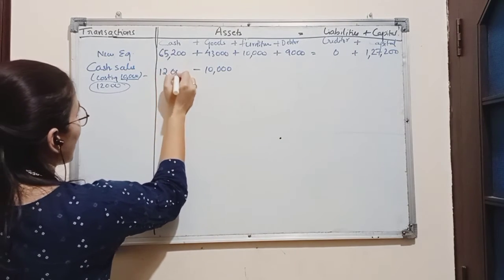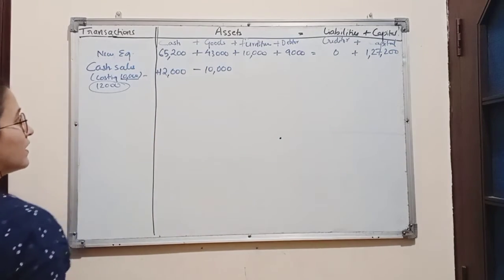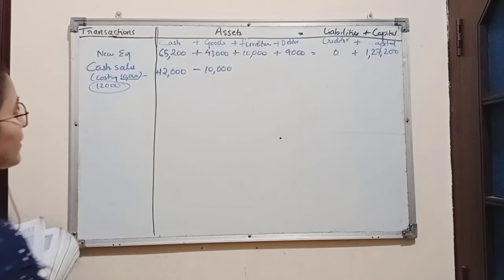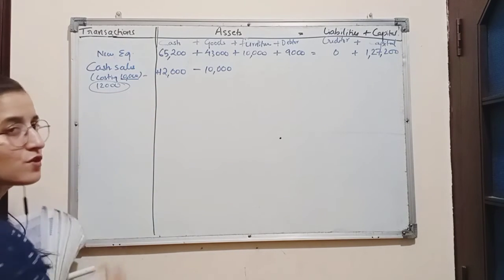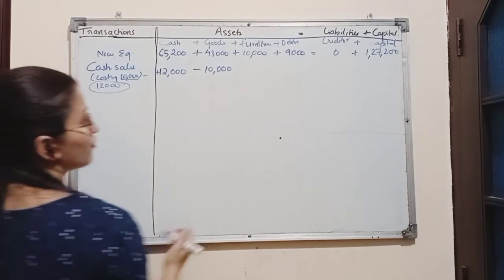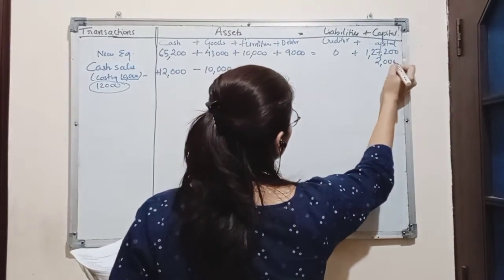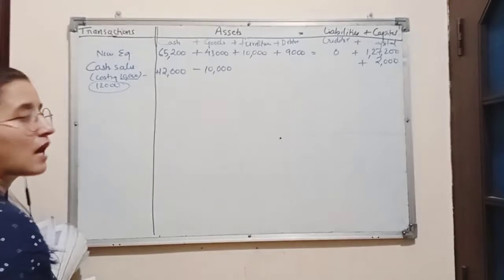So it increases the cash balance. We will add this amount in the cash column, 12,000. Now 10,000 goods are being sold for 12,000. That means there is a profit of rupees 2,000 which will be added to the capital column.